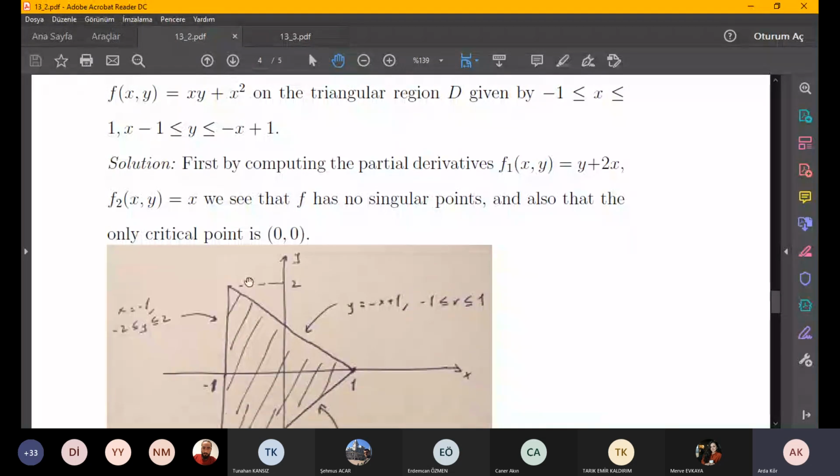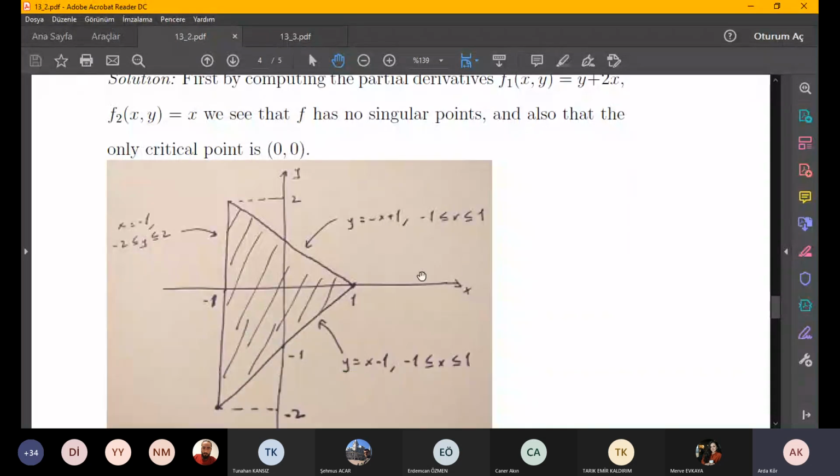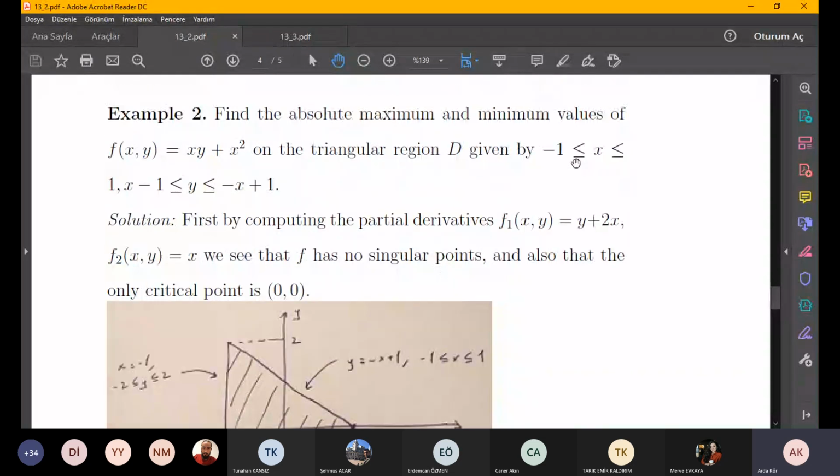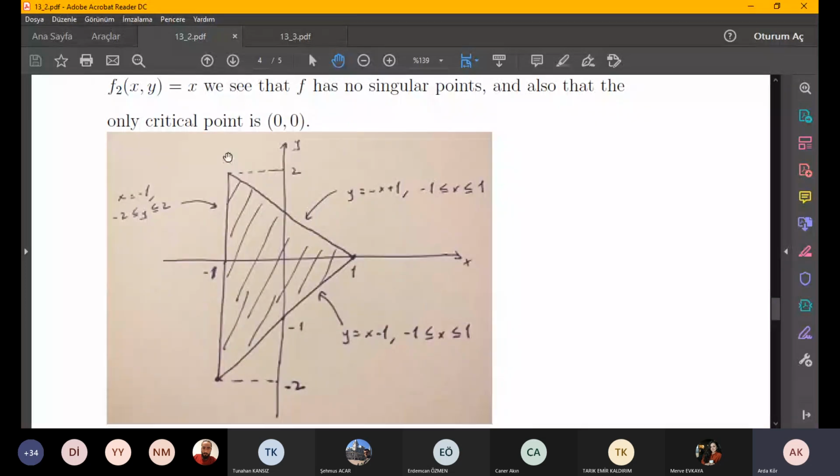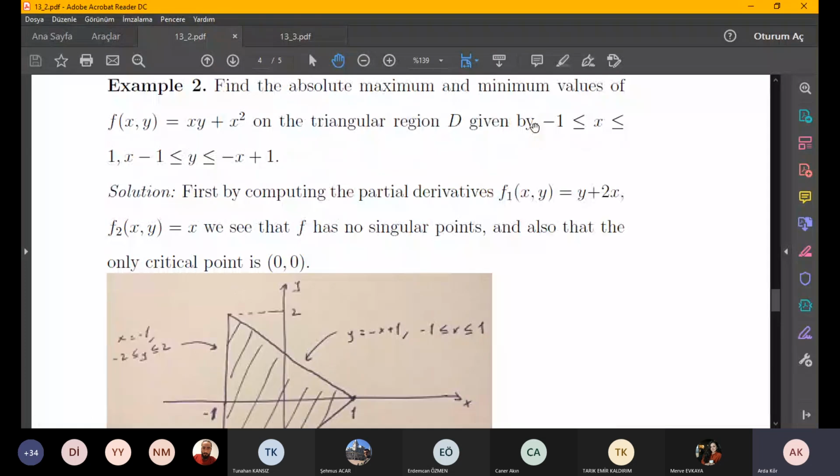So if we just sketch the region D, or you can call it region T, the triangular region, the x values are in between -1 and 1, and on this area between those two lines, y is in between the lines x minus 1 and minus x plus 1, or 1 minus x.